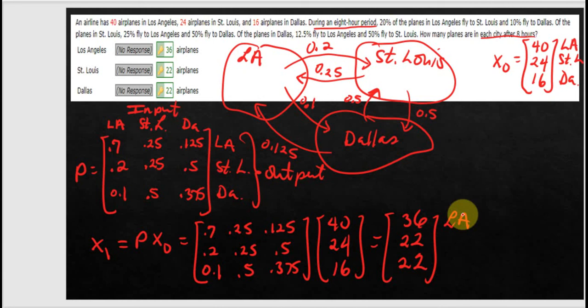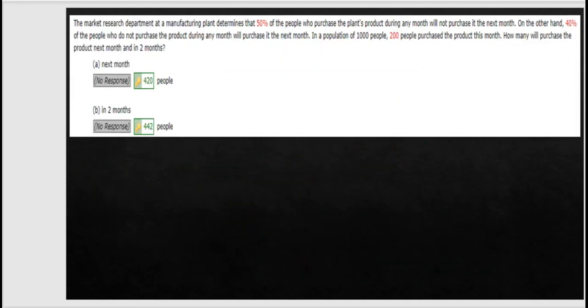And then for St. Louis, there are 22 planes, and then for Dallas, 22 planes. Okay. Now this next one, and they all work and they build on that same idea.